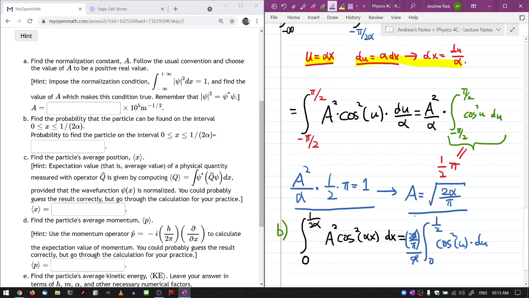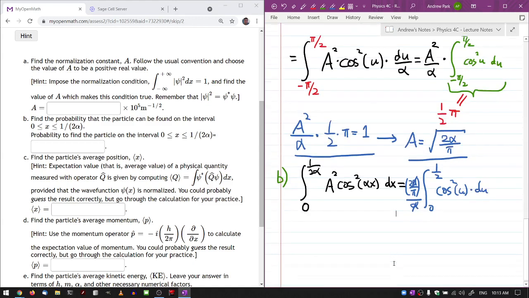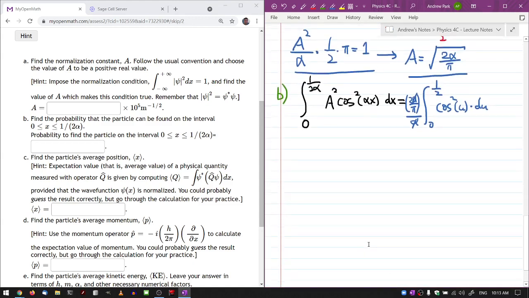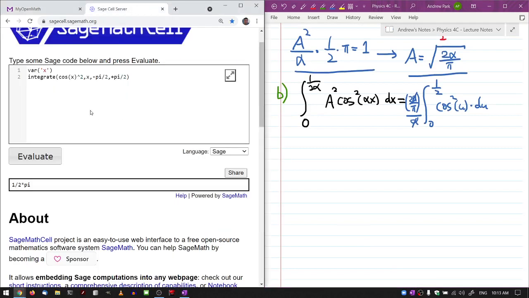When I do this calculation, I'm going to get something totally numerical. So it's the same integrand, with x this time going from 0 to not pi over 2 but just 1 half.